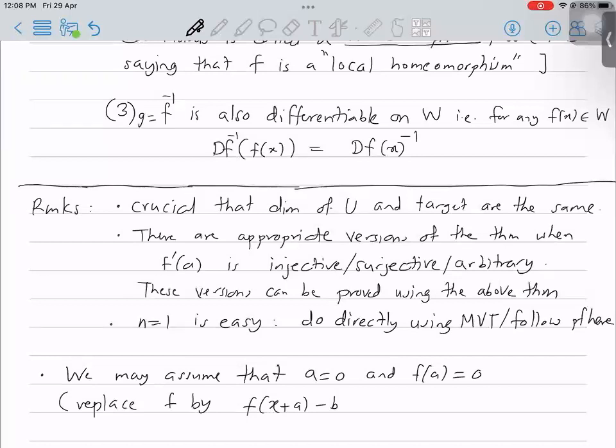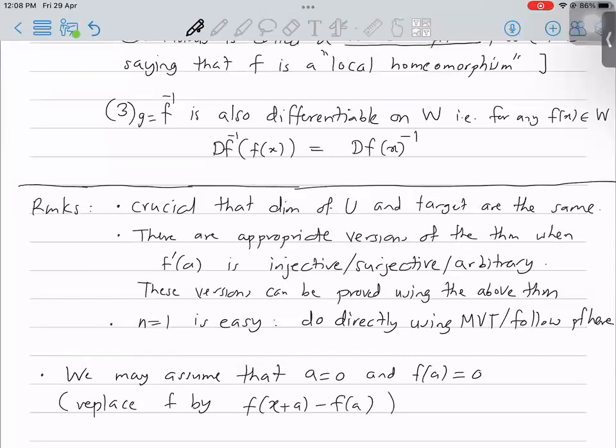Notice that if I plug in x equal to 0 in this function, then I'm going to get f of a minus b, which is 0, by the way. So b here, I haven't introduced the notation. And in fact, let me fix it. So it's f of x plus a minus b, etc.